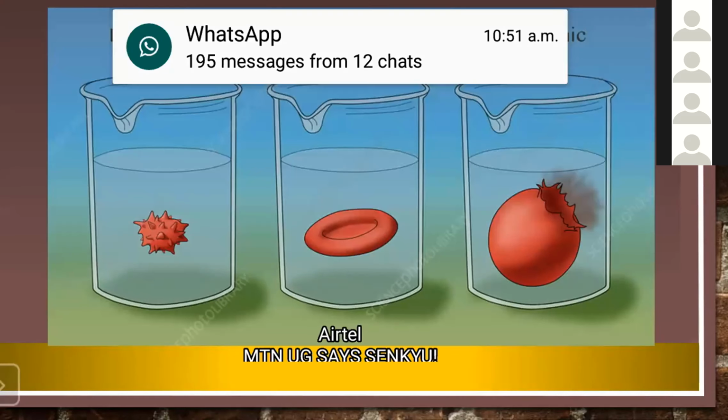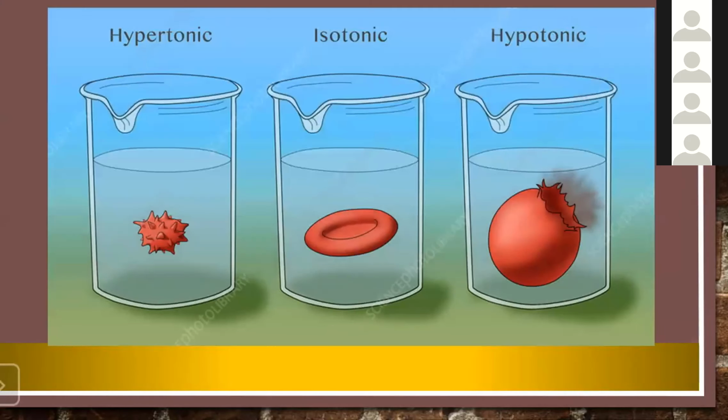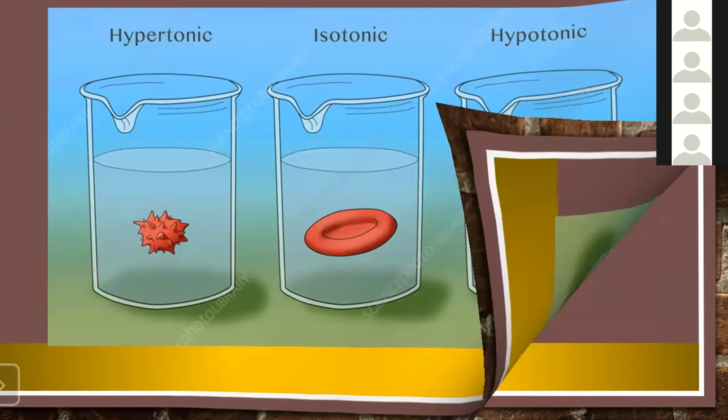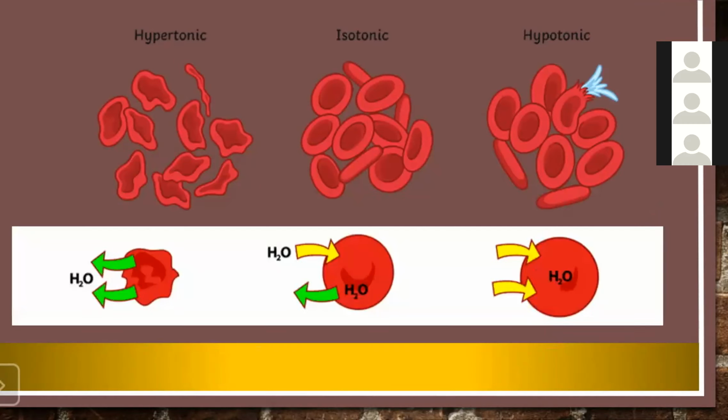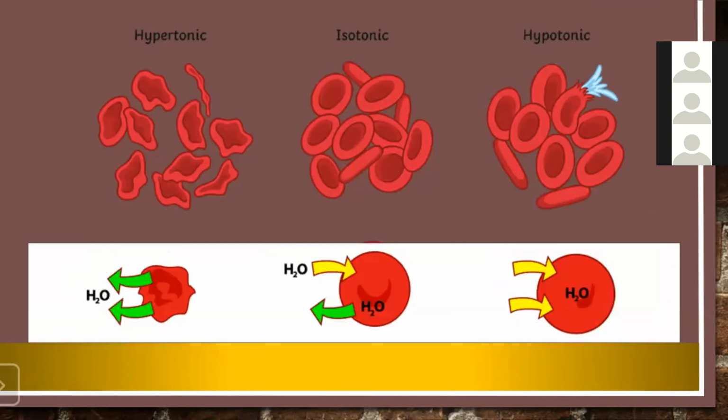And then the last one is hypotonic, where the cell gains water, and because it can no longer continue to expand, eventually it bursts. So this is still demonstrating what happens in those beakers. And then this one is showing the movement of the water molecules.